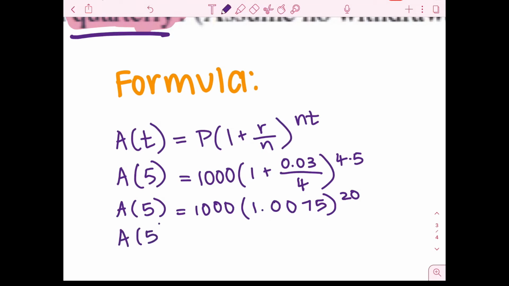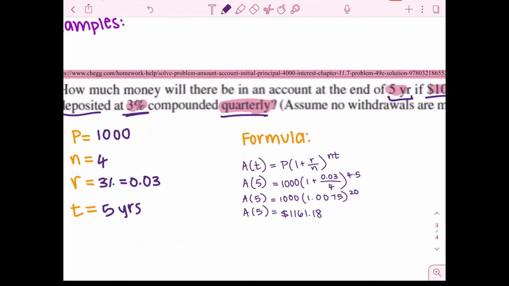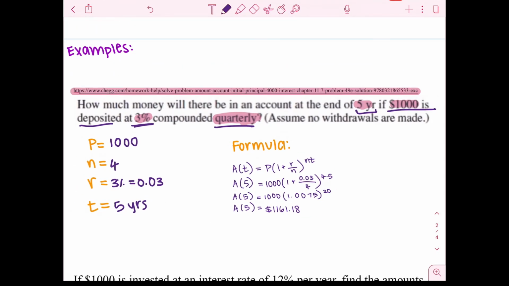So then we get A of 5 is equal to, and if you decide to simplify this using a calculator, your final answer is going to be $1,161.18. So this is how much is going to be in your account at the end of 5 years with your interest being compounded at 3% quarterly, so 4 times a year.